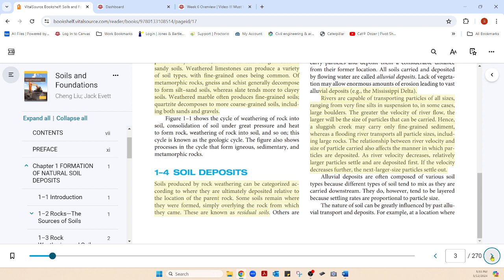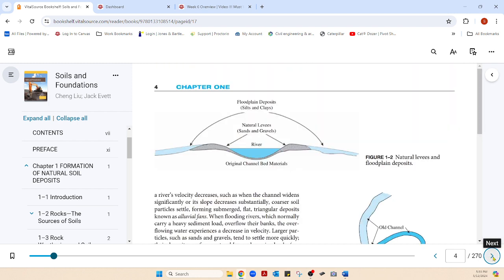Let me see what this says. For example, at a location where a river's velocity decreases, as when the channel widens significantly, so the water slows down. That's like a flow rate back in hydraulics.